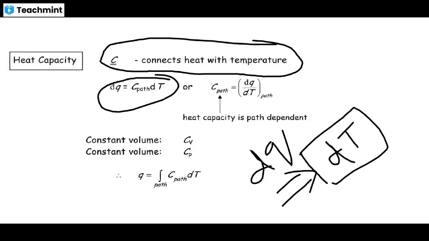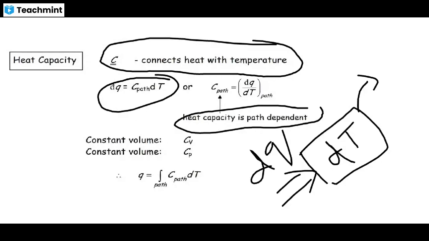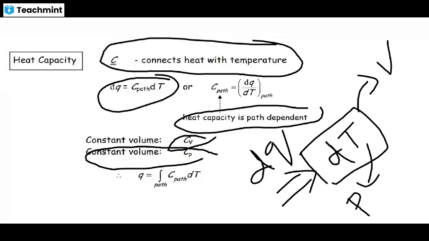The heat capacity is also path dependent. For different paths, when you keep the volume constant, you get the heat capacity Cv. When you keep the pressure constant, you get the heat capacity Cp. The path is very important.